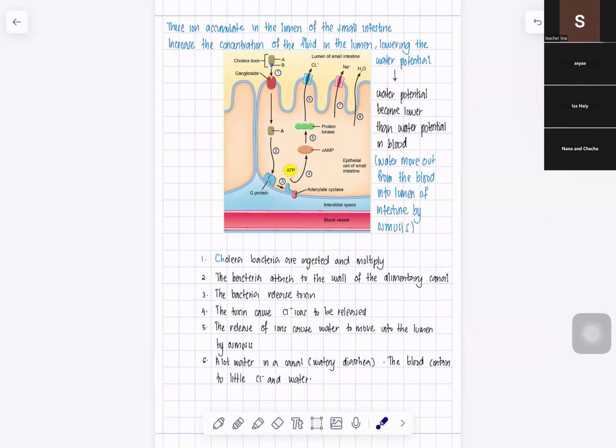The toxin causes the Cl- ion to be released, and the release of ion causes the water to move into the lumen by osmosis, because of low water potential in the lumen. A lot of water in the canal. Alright, so watery diarrhea. So the blood loses chloride ion and water, so you become dehydrated.